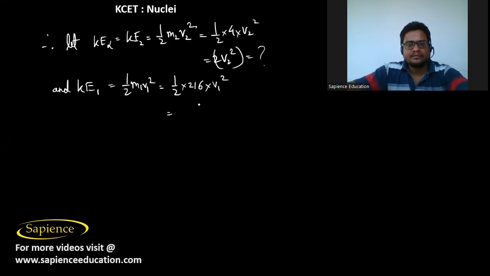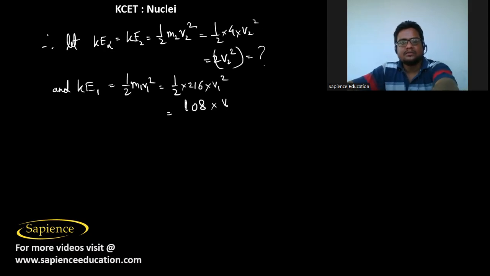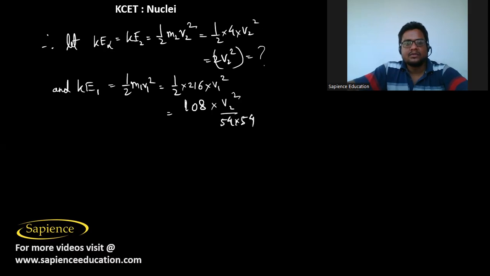So that is half into 216 into v2 square by 54 square, so 54 into 54. So 54 2s are 108.